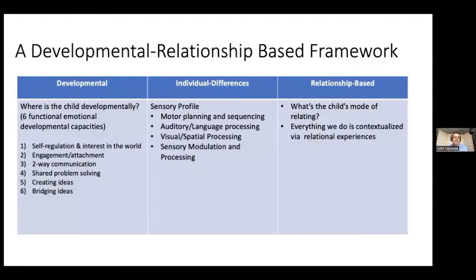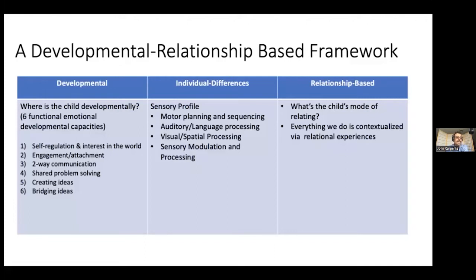The individual differences, the I, these are the things that get in the way of the child's ability to move up the developmental ladder, right? And then finally, relationship-based. We want to understand their mode of relating and also embed all of our interactions within a social context. So it's not so prescribed. It's more about what's happening organically in the moment.